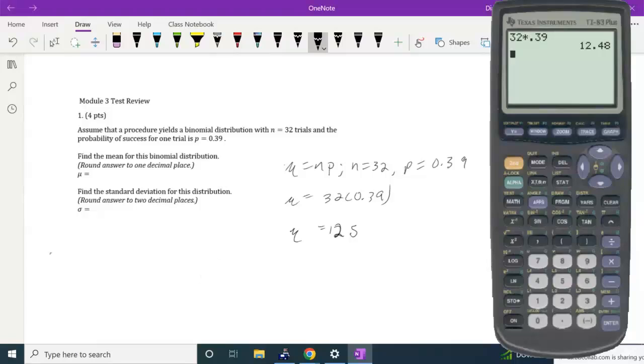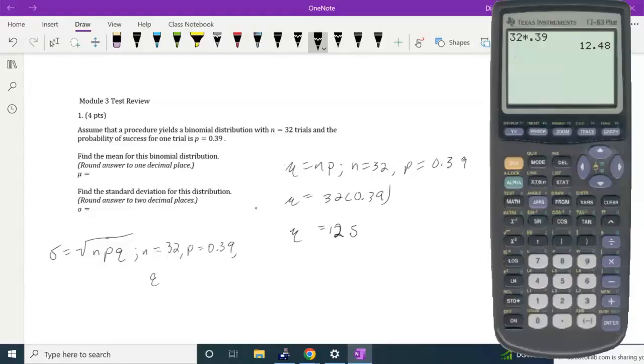The standard deviation of a binomial has a formula: the square root of N times P times Q. So in this formula, we're going to substitute N for 32, P for 0.39.